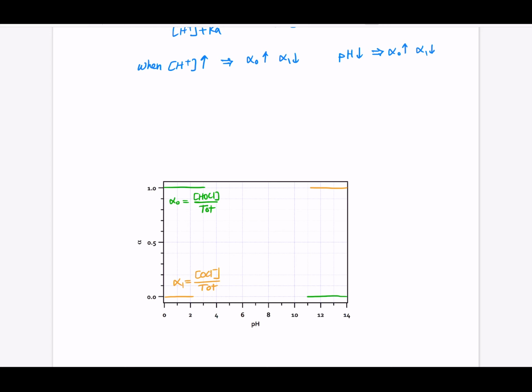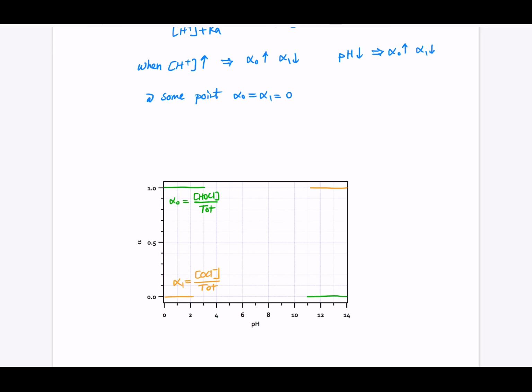As a function of pH. So they're crossing at one point because they have different behaviors. At some point, alpha 0 is equal to alpha 1, which is equal to 0.5, right? The combination is always 1.